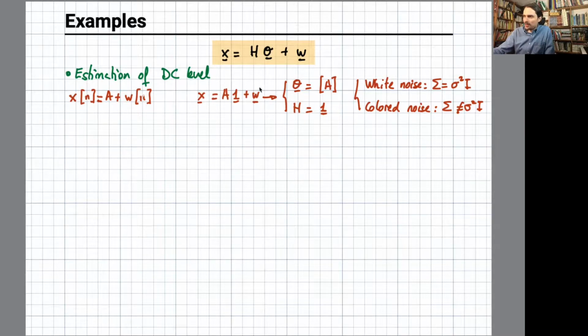The idea is that if each entry of W represents the component of light at a given wavelength, then the covariance will be approximately a scaled identity for white light and different from it otherwise.